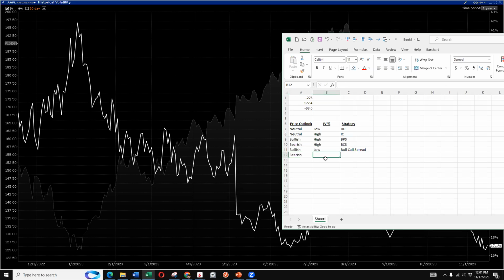Outlook's bearish, IV's low, bear put spread. So you can come up with little things like that. Should have just written them out in the first place. So there you go. There's a little cheat sheet for you.